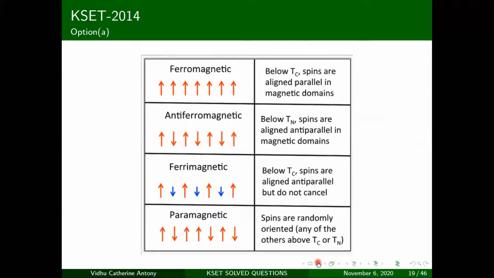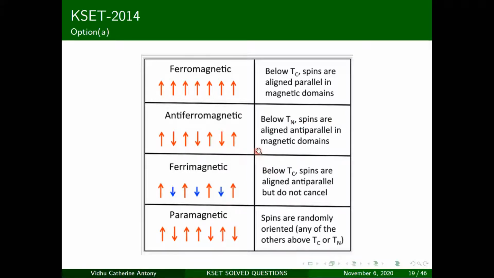So let's look at a comparison between these. Ferromagnetic, I told you, is highly aligned. Antiferromagnetic, again, look at the size of the vector here. I want to specify that because the next part contains slightly different sizes. For your antiferromagnetic material, below your Tn, the spins are aligned anti-parallel in your magnetic domains.